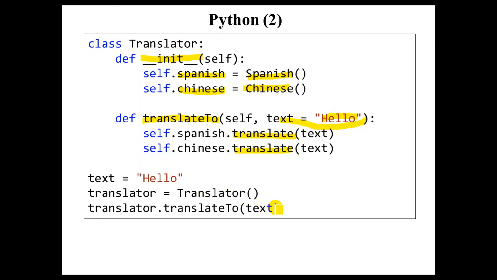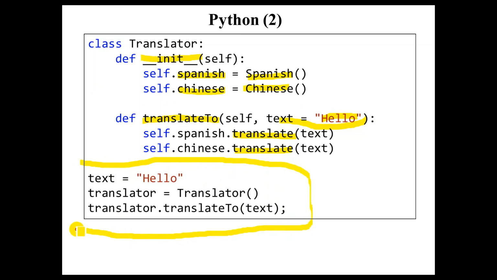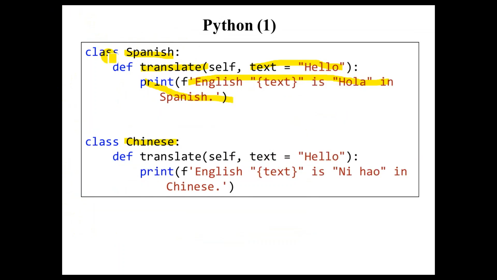And now you are mainly doing this part we had in the main method in Java and C++. Very simple, right? So you can consider this as the Google translator. When you are selecting a language like Spanish or Chinese, then the Spanish and Chinese classes show the translation.